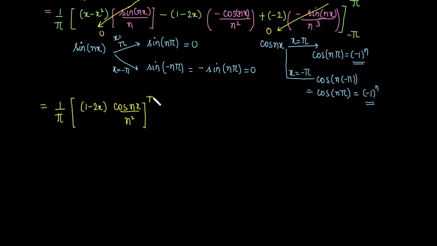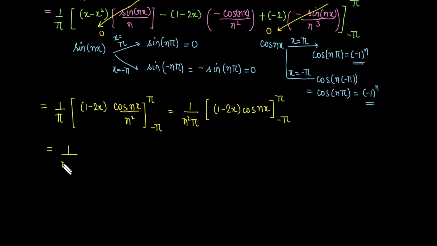Upper limit is pi and the lower limit is minus pi. This is equal to 1 upon n square into pi, 1 minus 2x cos of nx, minus pi to pi. Now substitute the limits.